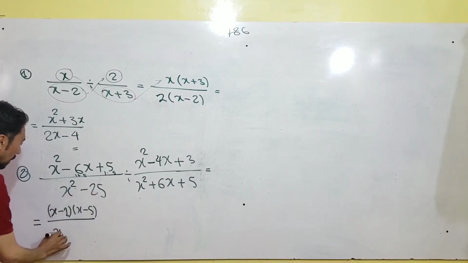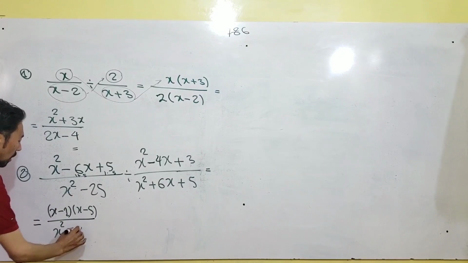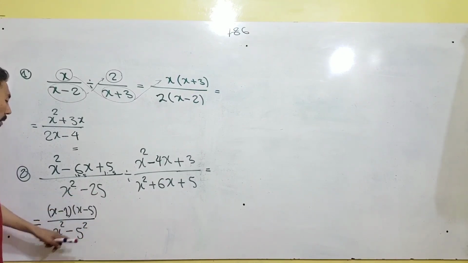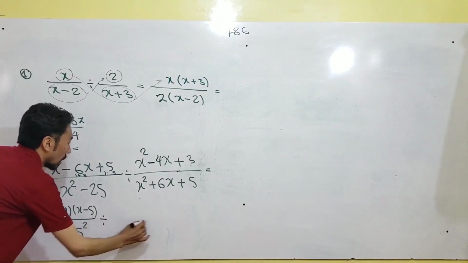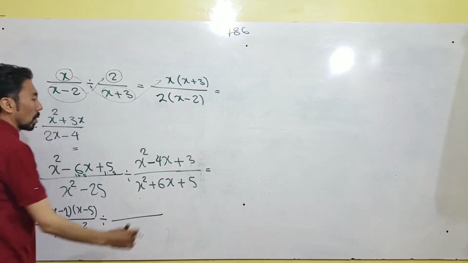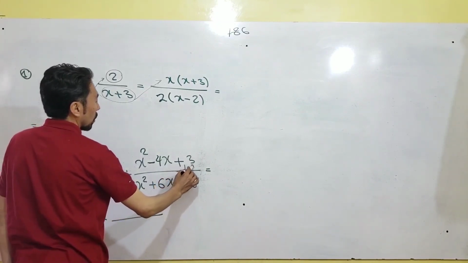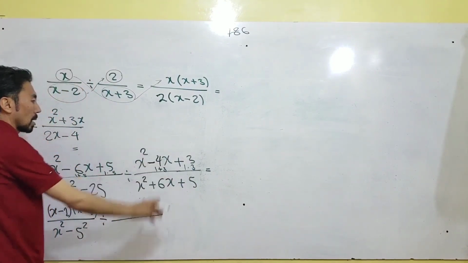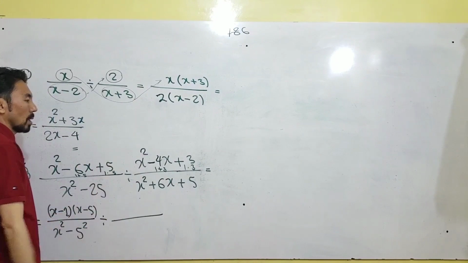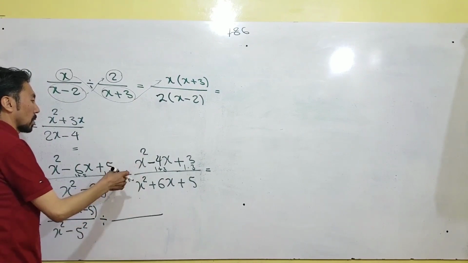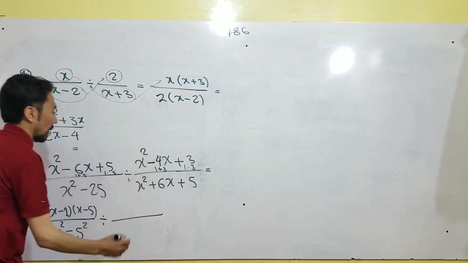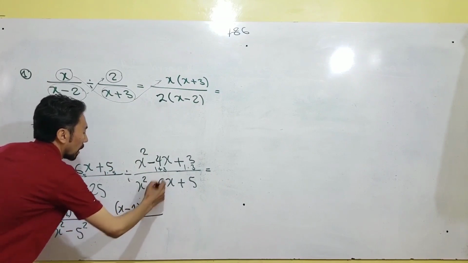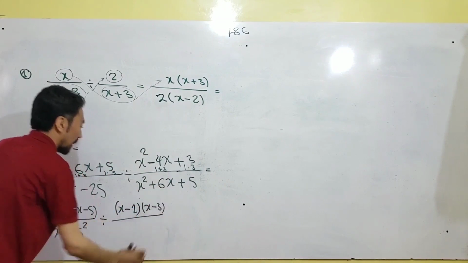Here we can write x squared minus 5 squared, because 25 is equal to 5 squared, divided by, here we have 1 multiplied by 3 is 3, 1 plus 3 is 4. It factorizes to two brackets with the sign the same as the coefficient of x. Here x minus 1 multiplied by x minus 3.